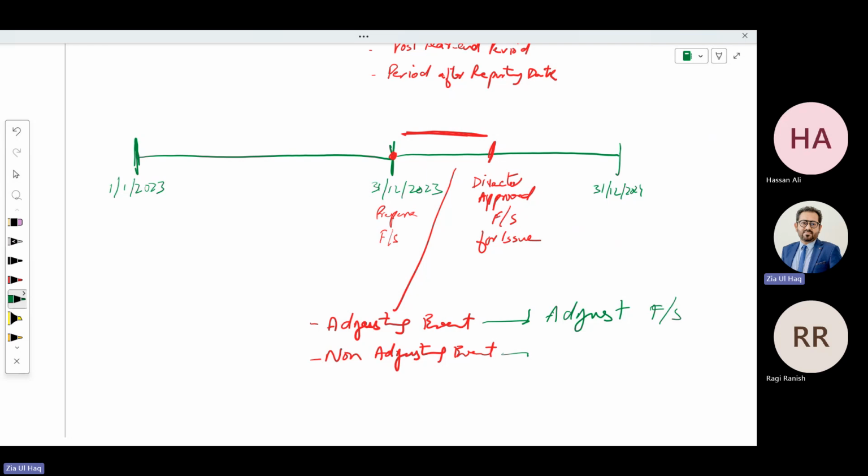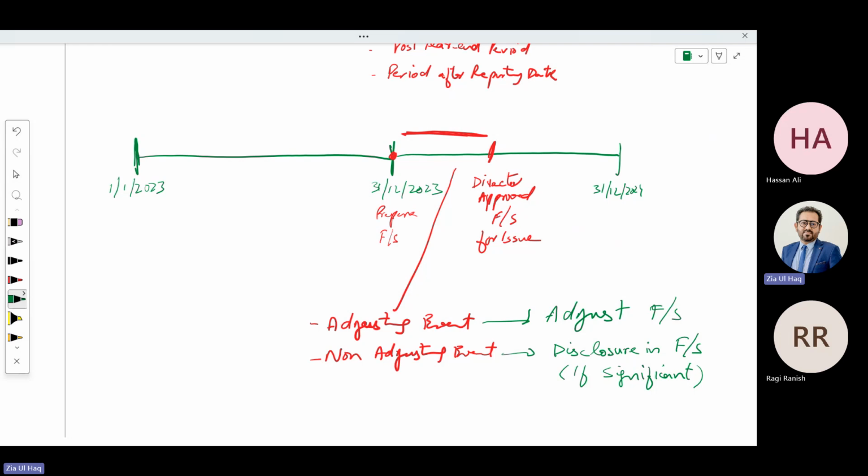And for non-adjusting events, they need to provide a disclosure in financial statement. Only if non-adjusting events are significant. Significant means material, important, big event, having impact on the financial statement.